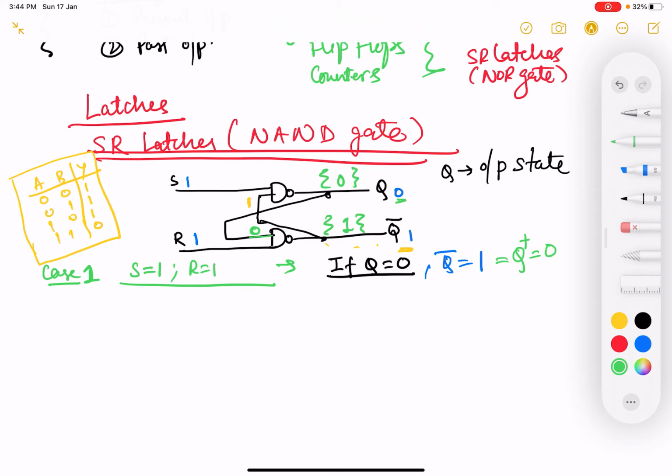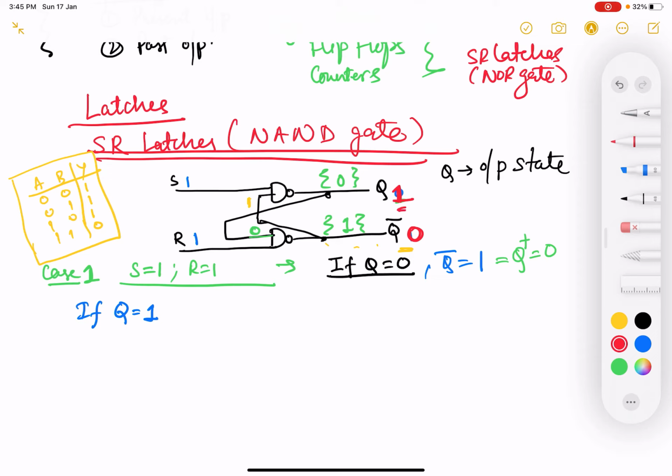Now we'll take the second case with the same input. We'll take the next instance where we assume the output state to be initially 1. Before applying the input, the output state was initially 1, and we are again applying 1 and 1 as input.